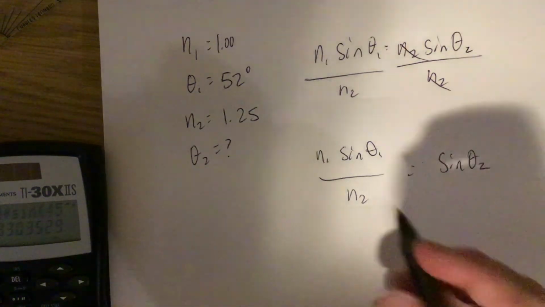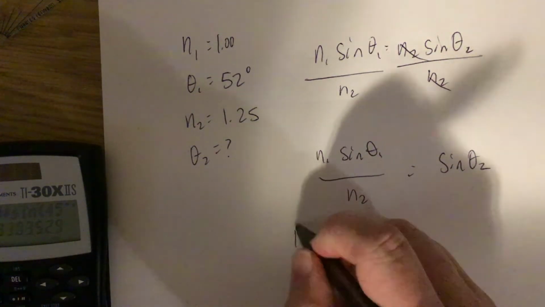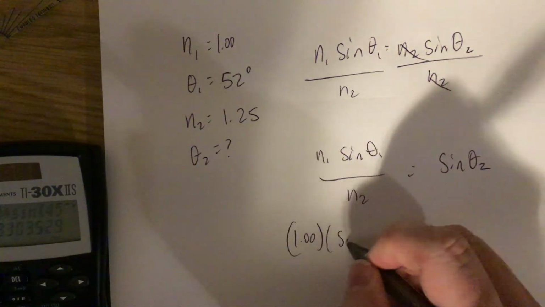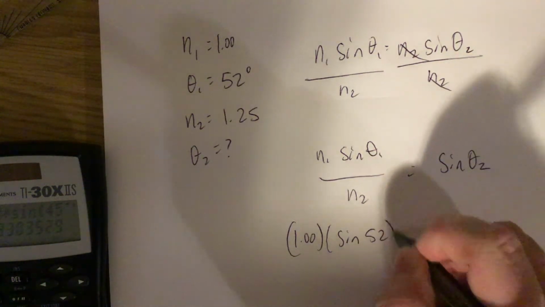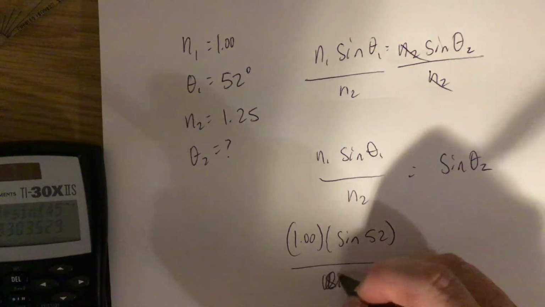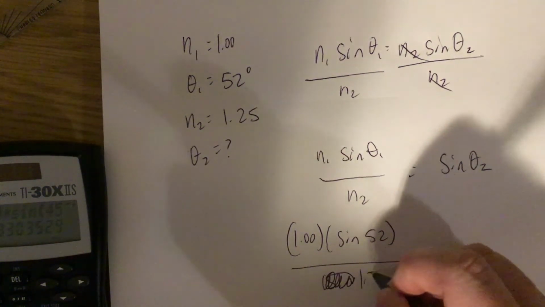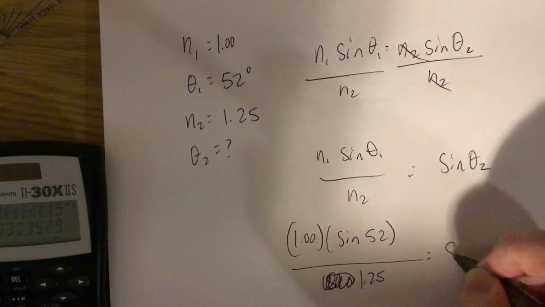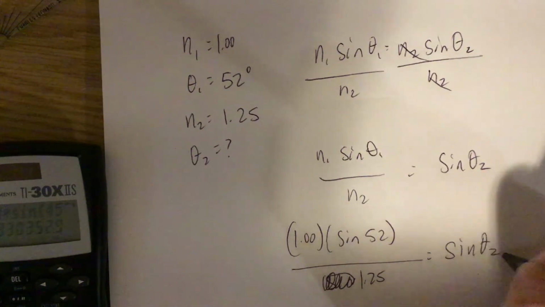From there, we can put our numbers in there. We would have 1.00 times the sine of 52 divided by this n2, divided by 1.25. And that would still be sine theta 2.